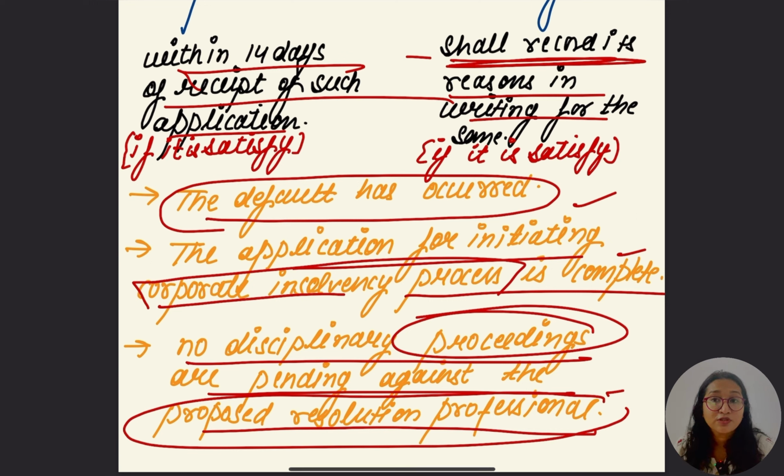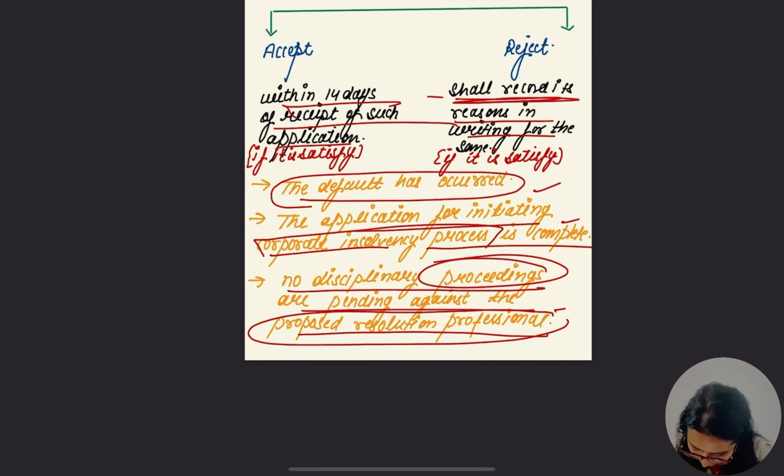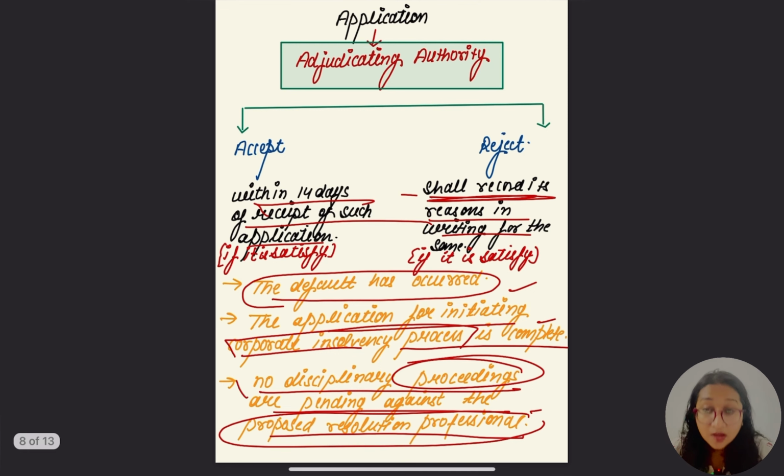Against the proposed resolution professional, ठीक है. In that case, if these three things are satisfied, the AA is going to accept that application, ठीक है. Otherwise the AA is not going to accept that application, ठीक है. Hope this point was clear. If these three are satisfied, then the AA is going to accept that application. Otherwise the AA is not going to accept, which means reject the application.